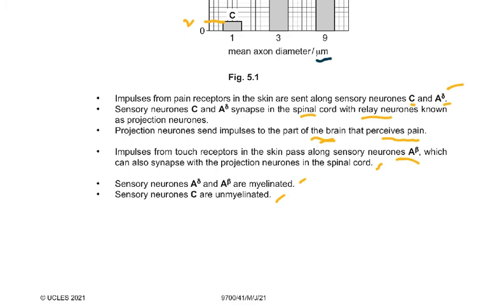Impulses from touch receptors in the skin go along sensory neurons A beta, which can also synapse with the projection neurons. So from the skin also we have these neurons going. Then sensory neurons A delta and A beta are myelinated, while the C are unmyelinated. So pain receptors in the skin are C, and these are unmyelinated. And sensory neurons C synapse in the spinal cord with the relay neuron.